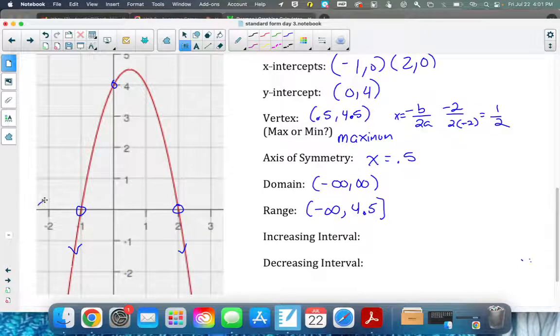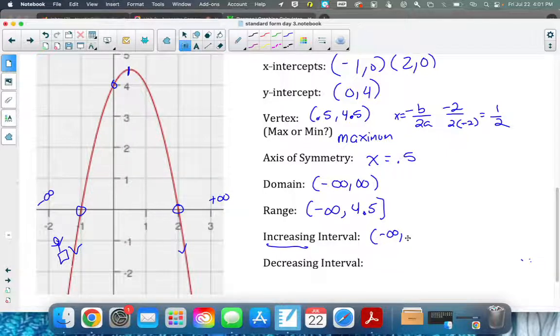Okay, increasing and decreasing. Again, this is -infinity on the left, +infinity on the right. And starting on the left-hand side, because that's what we always do when we're reading graphs, we're starting on the left-hand side. If you were watching somebody go on this roller coaster, they would be increasing first from -infinity to the x value of that vertex, because it's always by the x's.